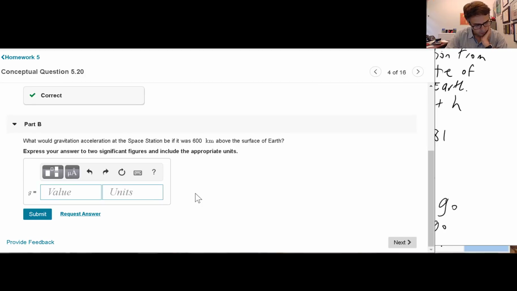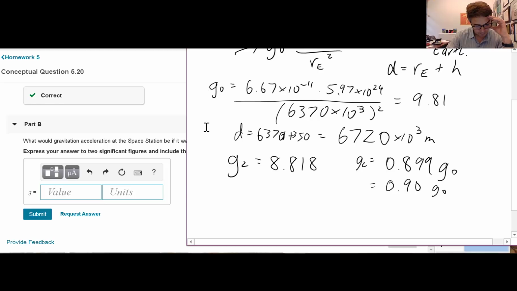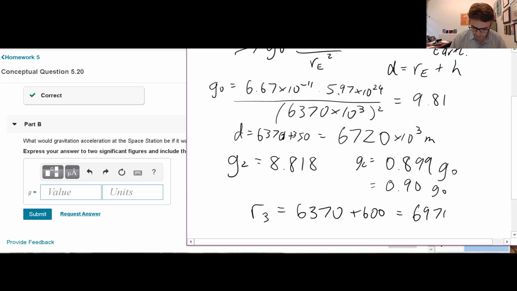Part B. What would gravitational acceleration at the space station be if it was 600 kilometers above Earth? Express your answer to two significant figures and include appropriate units. Okay. So this one is if we did 600 kilometers above the surface of the Earth, and so R3 is equal to 370 plus 600, which is equal to 6970.